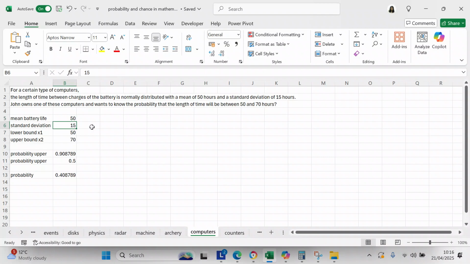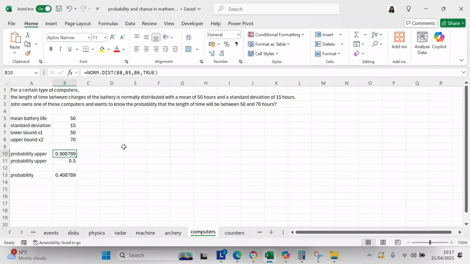So the battery mean life is 50. Standard deviation is 15. The lower bound x1 is 50, and the upper bound x2 is 70. So the probability of the upper bound equals norm.dist(B8, B5, B6, true).